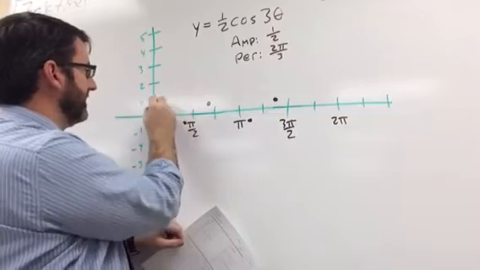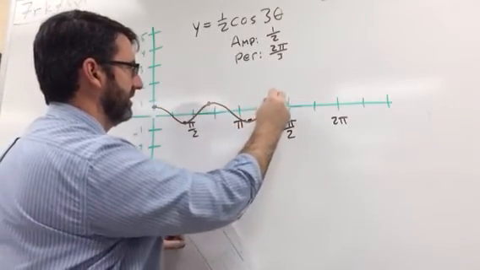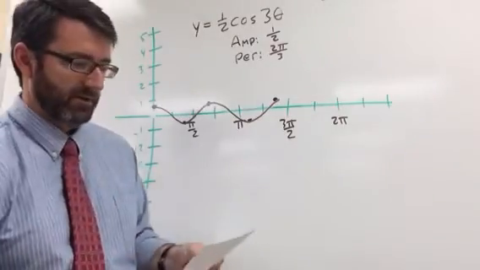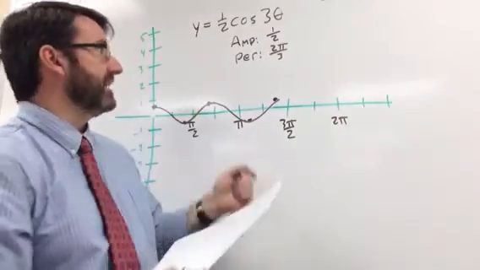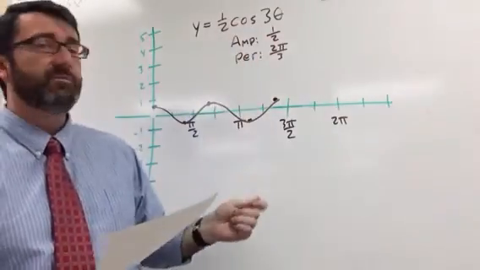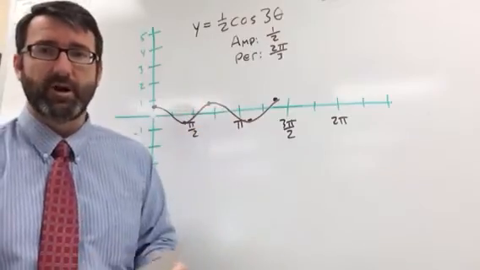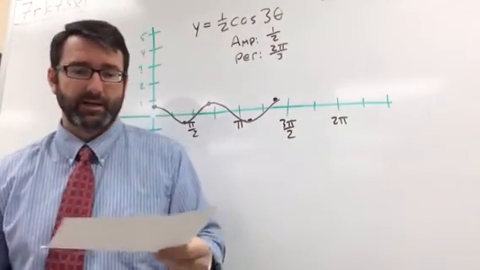And so this function is just going to go like this. All right, so that's number 2. It's got an amplitude of 1/2, a period of 2 pi over 3, and it's going to look like this, just a small line there because the amplitude is so small.